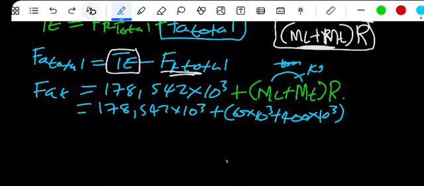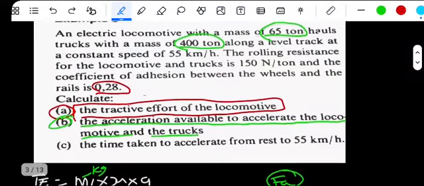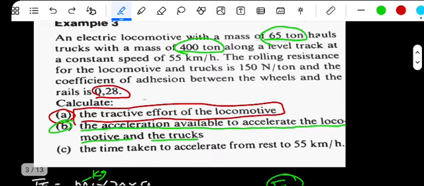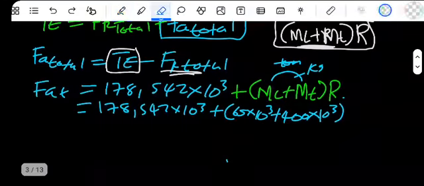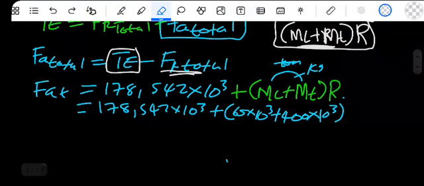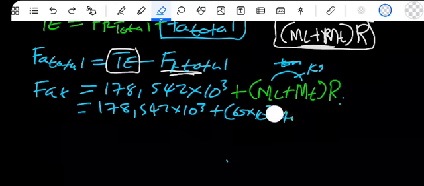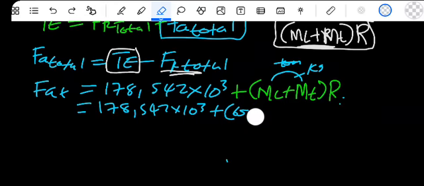I said it's important to evaluate. Our R is given in 150 Newton, so there's no need to convert here, because our R also is in newtons.